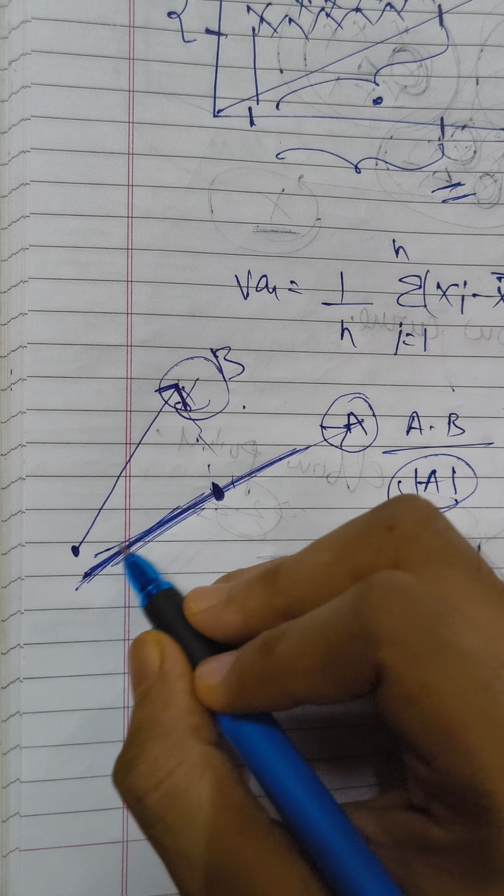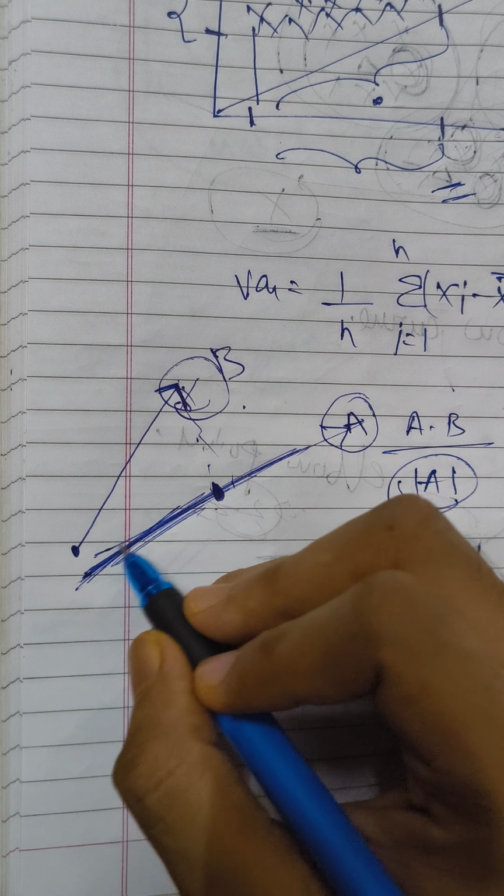Now in our data set there will also be a point which is the mean of the data, and the projection of the mean point I will put in x bar.